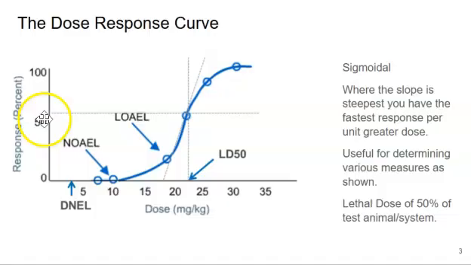You go to the 50 over here, you walk it across, you drop it down, and this is somewhere around 21 or 22 milligrams per kilogram. That's the absorbed dose that will kill 50% of the organisms tested. This is a statistically determined number. LOAEL and NOAEL are the lowest observable or no observable adverse effect level, and so on.